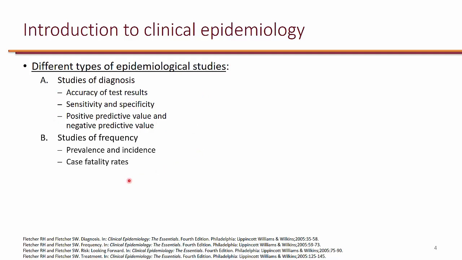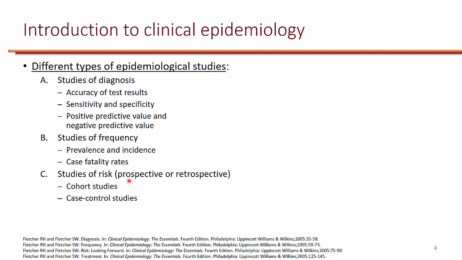We can also have studies for frequency. For example, for a specific disease, you can actually study what's the incidence and prevalence of that particular disease. You can also have study of risk. And this could be like risk for a specific disease, or it can actually be drug related.